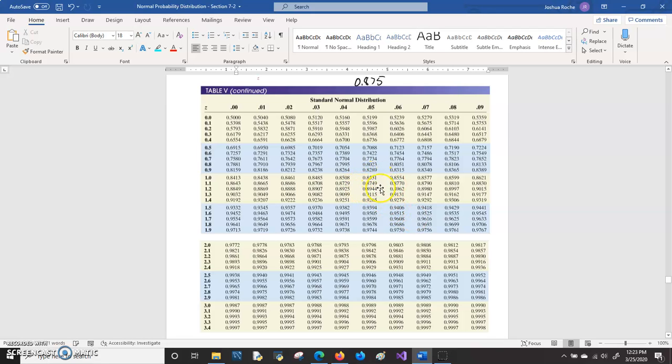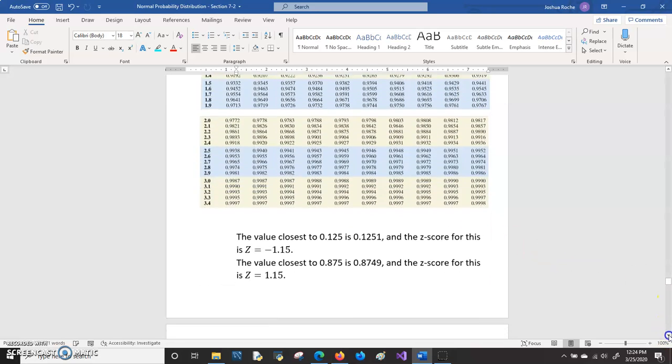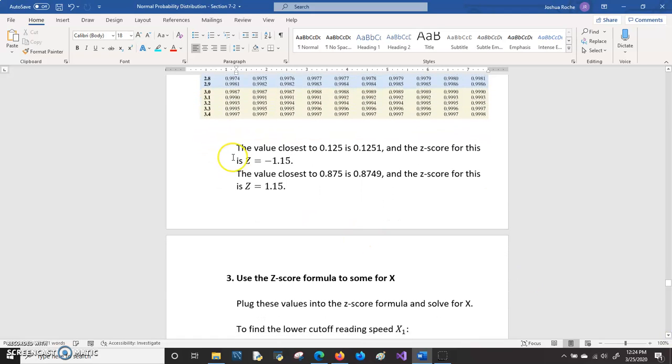This one looks like the closest one, 0.8749. The z-score is 1.15. So these are the z-scores that we'll use.